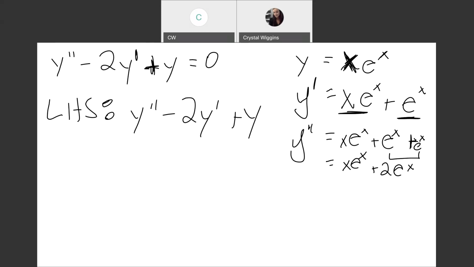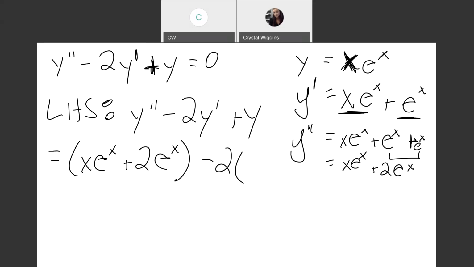Okay, so now I have my first derivative and my second derivative, which will make it much easier for me to substitute into the left-hand side of the equation. So we have the second derivative, which is x e to the x plus 2e to the x, minus 2 times the first derivative, which was x e to the x plus e to the x.